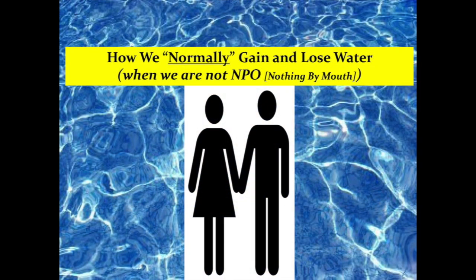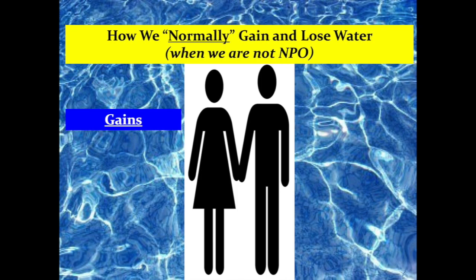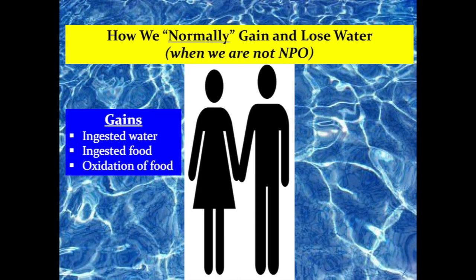It's going to be important for you to know how we gain and lose water, how it happens normally, especially when the patient's been NPO, again, nothing by mouth. The ways that we gain water are by drinking water, ingesting foods. The oxidation of food will produce water as a metabolite.